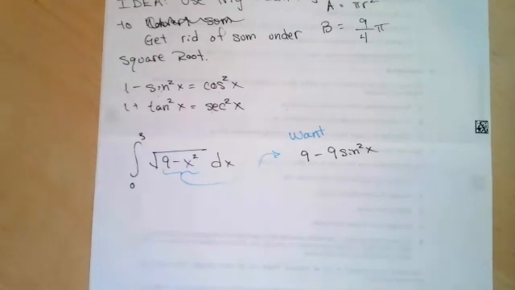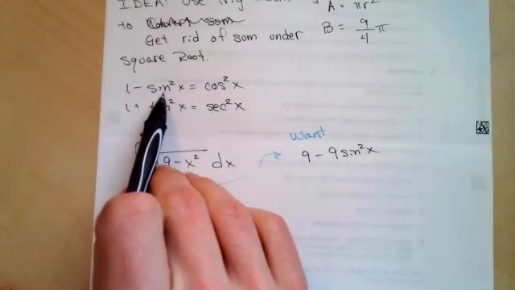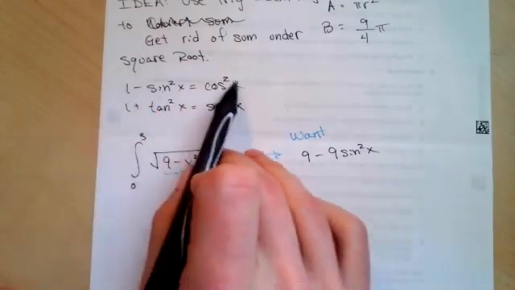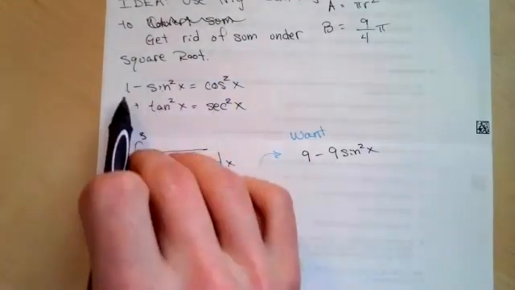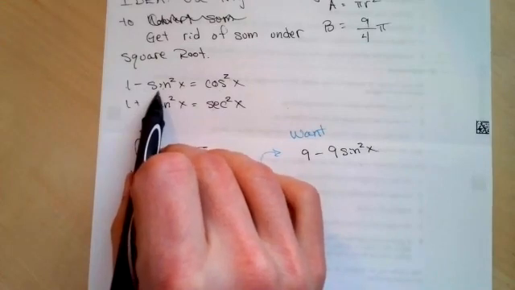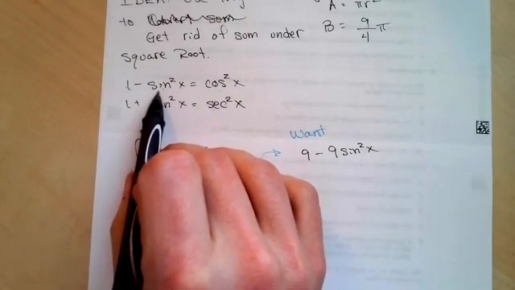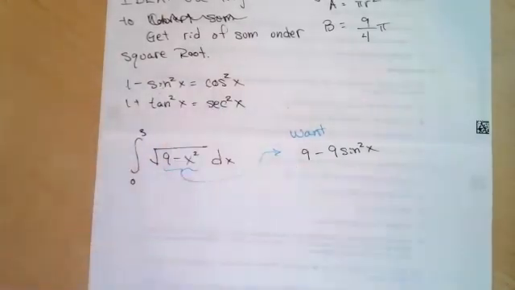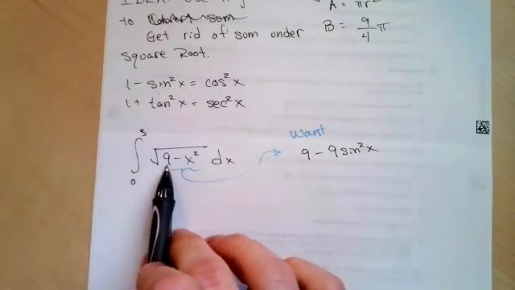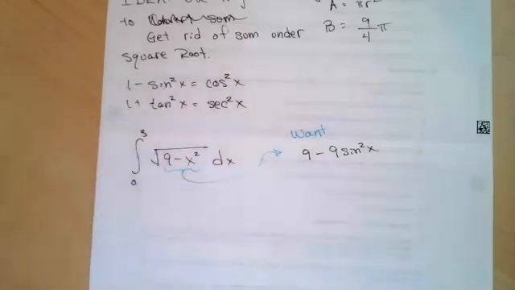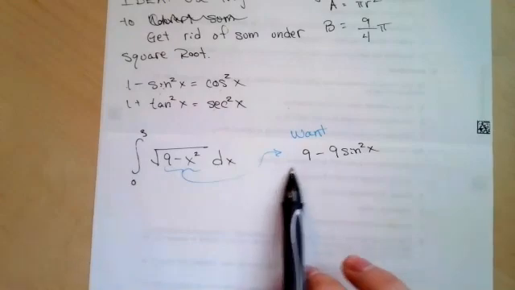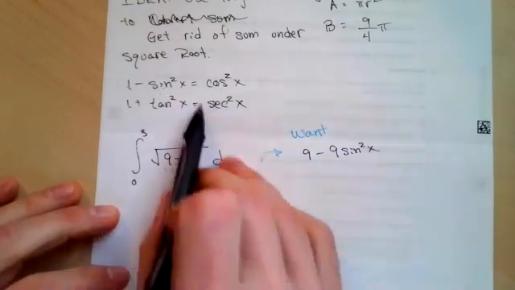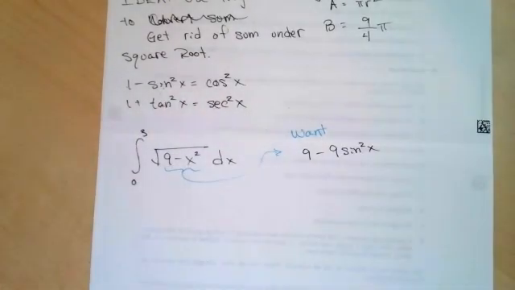Why do we want that? Well, we like 1 minus sine squared x. What happens if I multiply this entire equation by 9? We get 9 minus 9 sine squared x. And we can convert that to 9 cosine squared of x. So that's all we need to do to deal with that constant, is really multiply our trig equations by that constant and see what would be nice for us to have in order to use that identity.